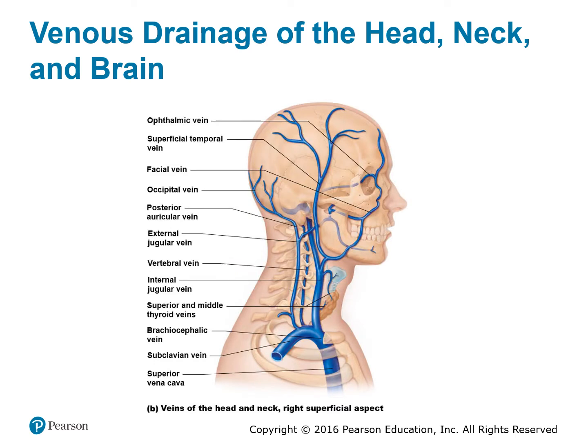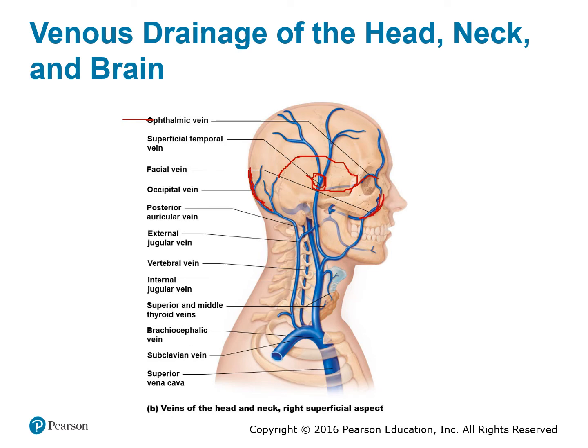This one here, okay, you could see ophthalmic. Okay, so we had an ophthalmic artery. We have an ophthalmic vein right here. So that's for the eye, drainage of the eye. Superficial temporal vein, okay, the temporal bone right about here. Facial vein, facial right here, the face.